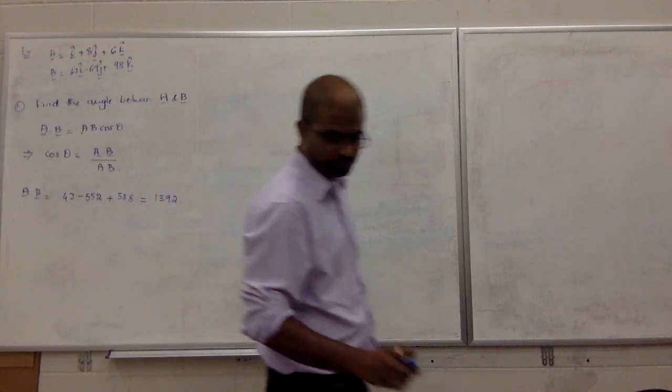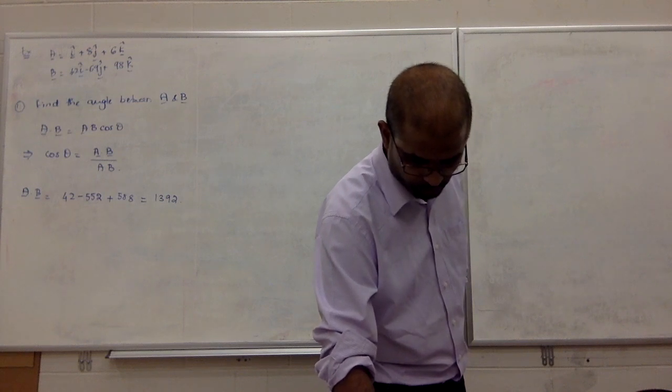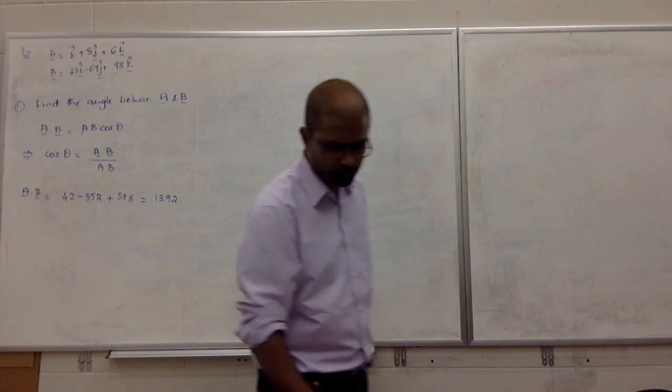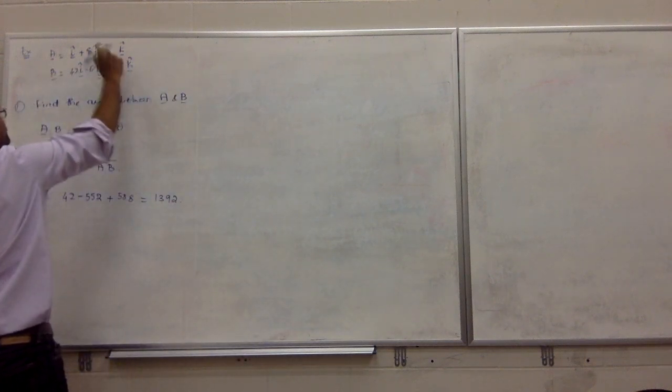Okay. How did you get the K as being 5? This is 18. Okay.